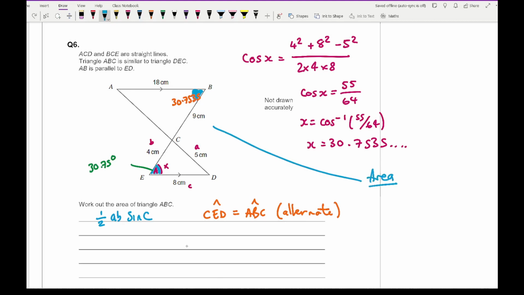So the area, well, this is going to be A, that's going to be B, and that's going to be C. So here I've got half times 18 times 9 times sine 30.7535. And you may still have that already on your calculator. And if I type that all into my calculator, I get 41.4, and that's to 1 decimal place. And the area is in centimetres squared.